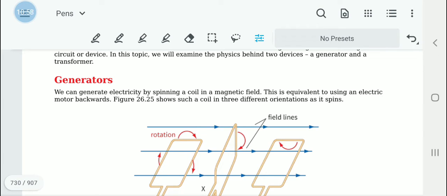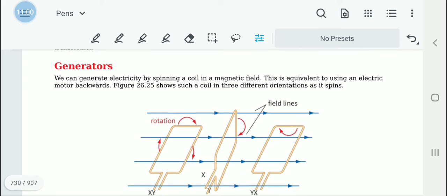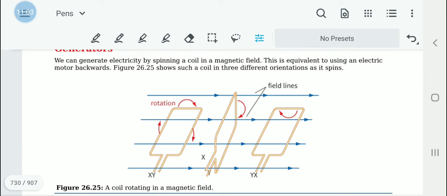In a generator, the opposite of an electric motor occurs, where a rotation (within brackets, of force) induces a current to flow through. So we rotate it by using hydroelectricity or diesel power, whatever.